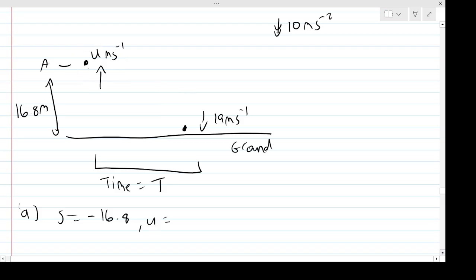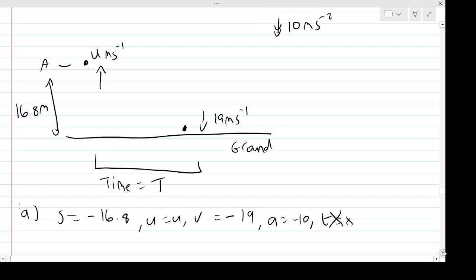U, again, it's going up by speed u, so just u. V, I'm told, is 19, but the speed is going downwards. At this point, we're going down, so it's negative 19. A, deceleration, again, it's negative 10 because it's going down. And t, we don't care about at this point.